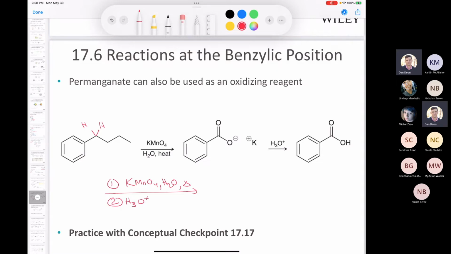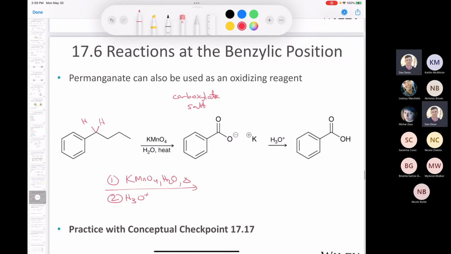And the reason why you have to treat it with acid in the second step is because you don't make a carboxylic acid, you make a carboxylate salt. So this is called a carboxylate salt, like that. And then you have to protonate it. In the last step, you have to treat it with aqueous acid.